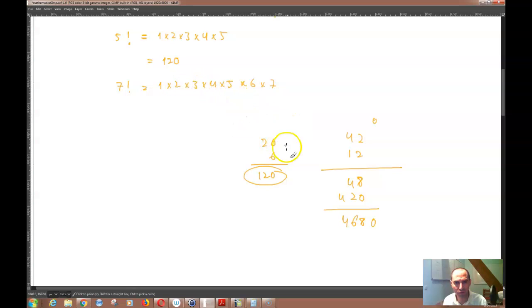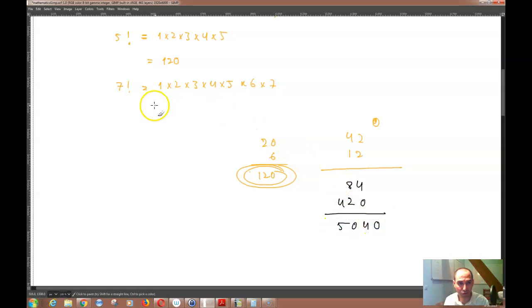And 3 times 2 is equal to 6. 6 times 2 is equal to 12. That's 120. So 120 times 42 gives 5040. That is actually correct. That is 5040.